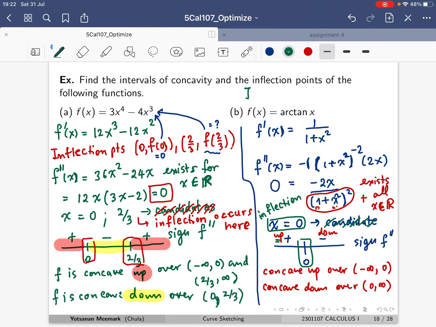So if you want to find the inflection point, it will be 0 and the arctangent of 0, and the arctangent of 0 is simply 0 as well, which is (0, 0).